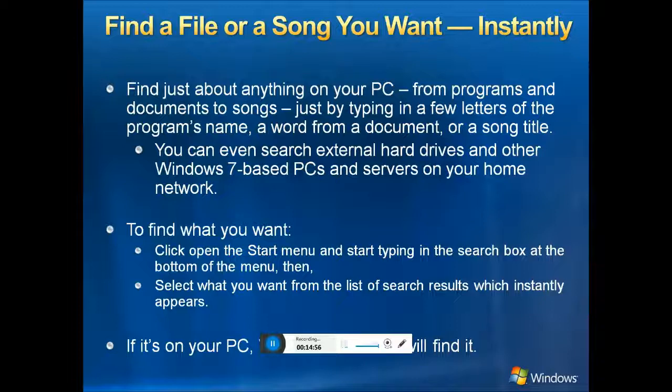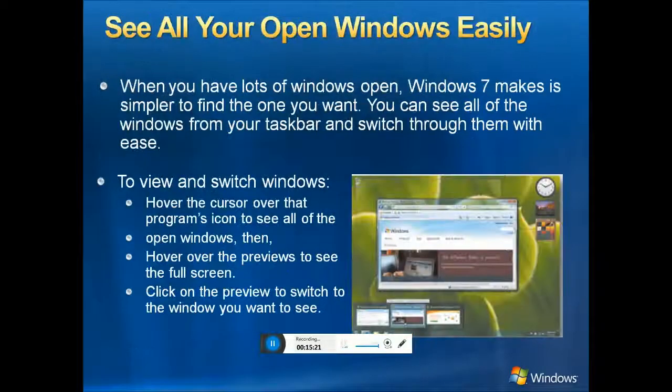You can also search external hard drives and other Windows 7 based PCs and servers on your home network to find what you want. Click open the Start menu and start typing in the search box at the bottom of the menu. Select what you want from the list of search results which instantly appear. It is your own PC, you will find it.